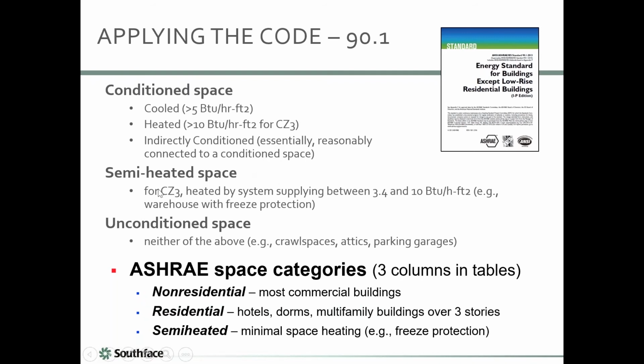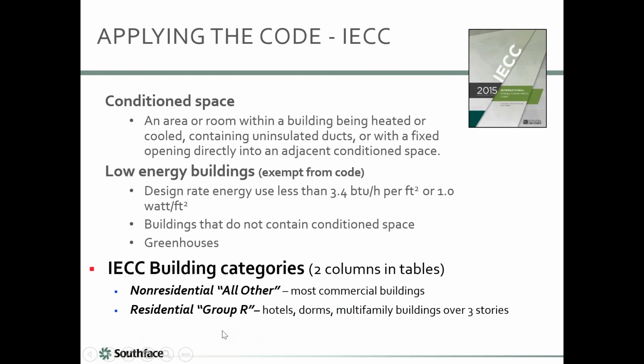And then ASHRAE has this special column for semi-heated or freeze-protected spaces. So generally, most buildings are considered non-residential. It's most commercial buildings, unless they have people sleeping in them, and that would make it a residential commercial building, like a dorm or a hotel, and then freeze-protected. The other code is very similar, only it's actually a little simpler in the sense that it only has two kinds of buildings.